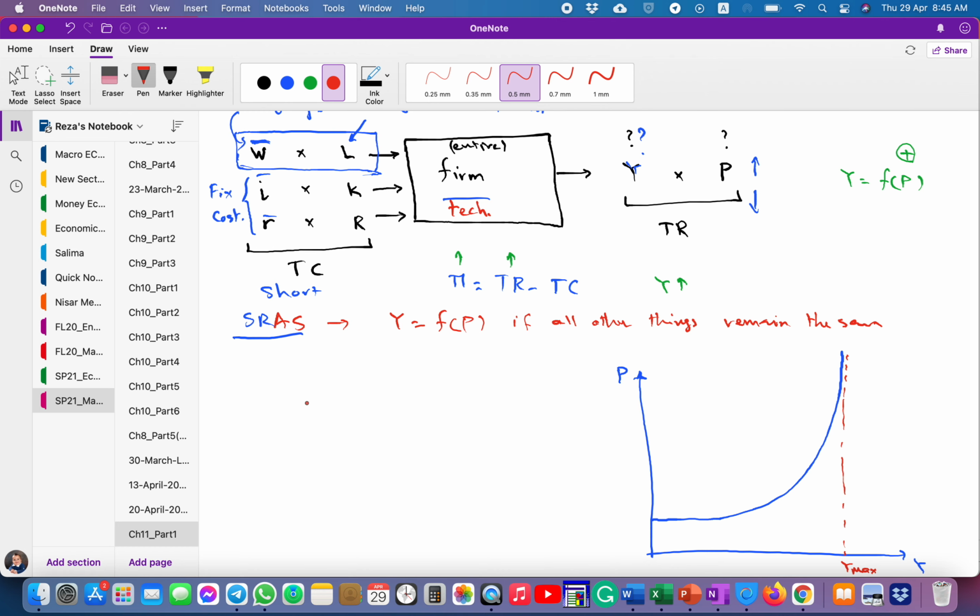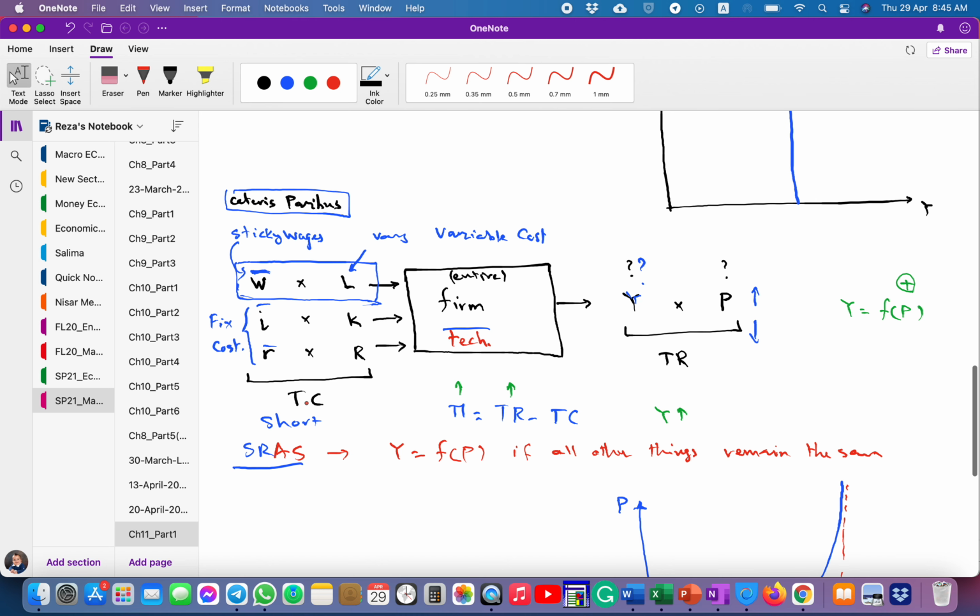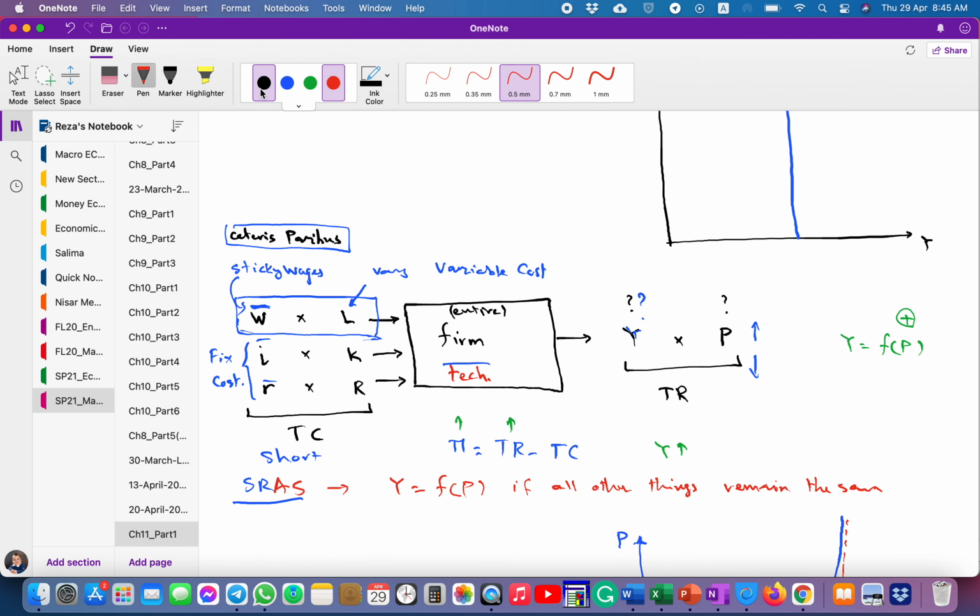So this L, which is coming here, I should rewrite it here clearly, consists of that labor force, consists of U plus E. So let's rename it as labor employed, and this one labor unemployed. Together it is making the labor force. And this is actually labor employed.